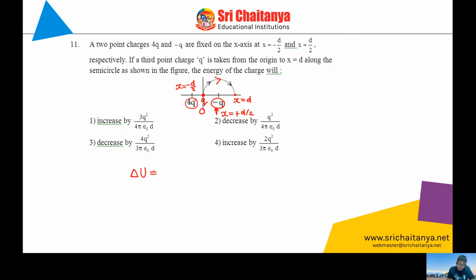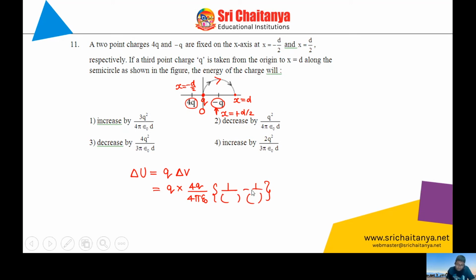So delta U will be equal to simply q times delta V, and this delta V will be the change in potential due to only 4q. So let's substitute the value. Delta V due to 4q will be 4q upon 4 pi epsilon naught into 1 by r final minus 1 by r initial.